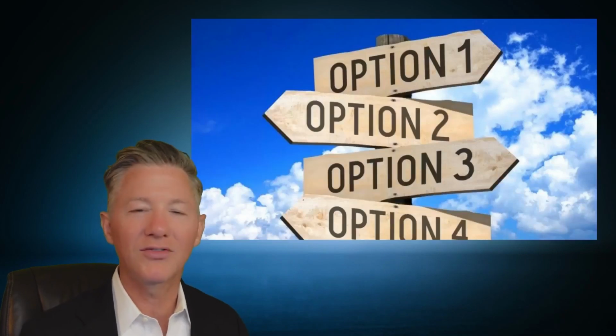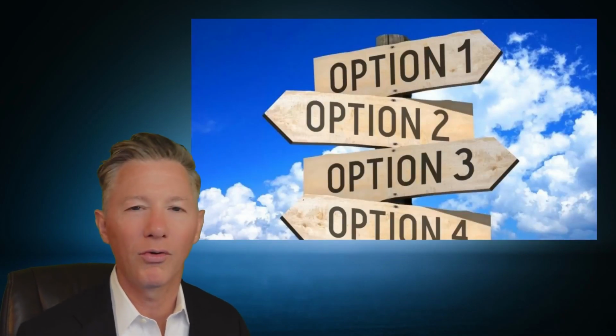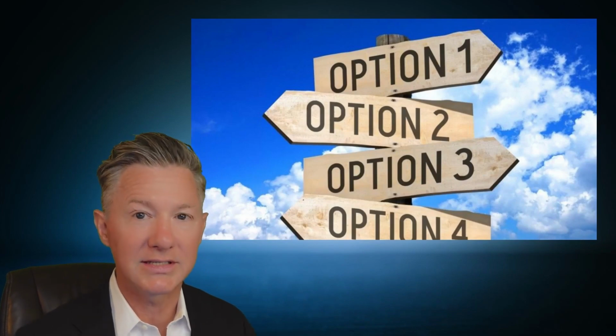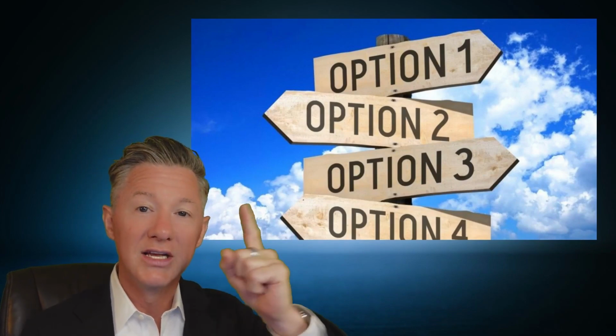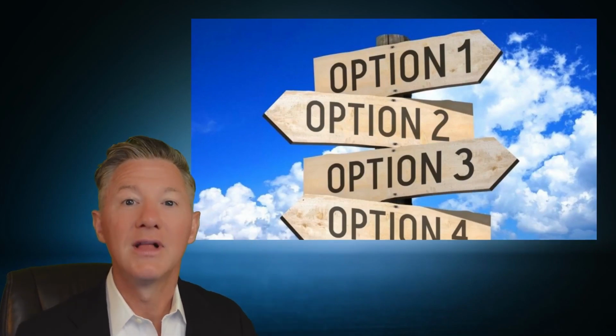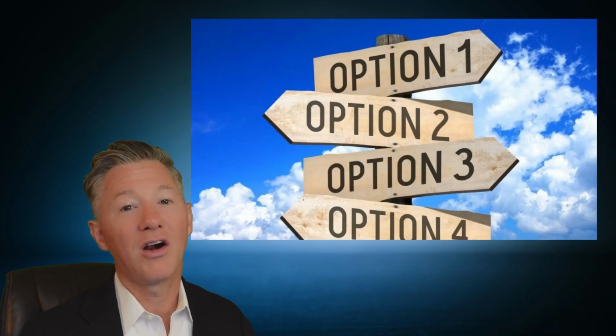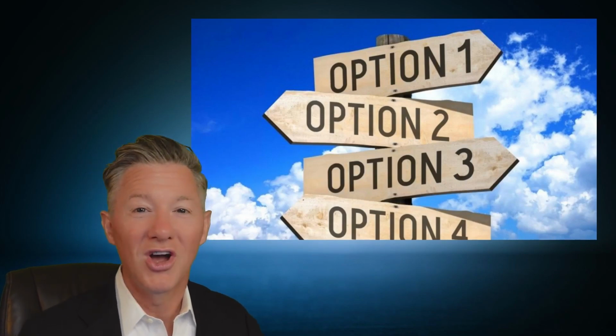So by the time the patient gets right here, let's stop with this whole option number one, option number two, option number three, option number four stuff. It's your job as a dentist and it's your job as an associate to get this down to option number one, only one option, and it's the option that works best for the patient. So today in our video, I'm going to give you the verbiage on how to get there.